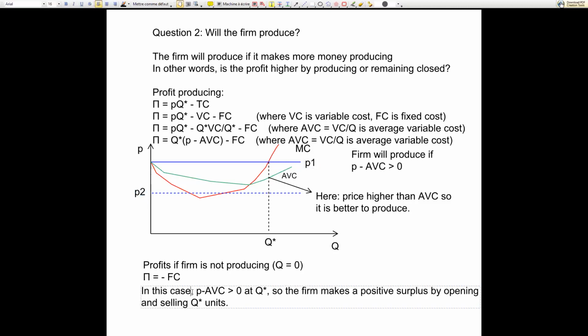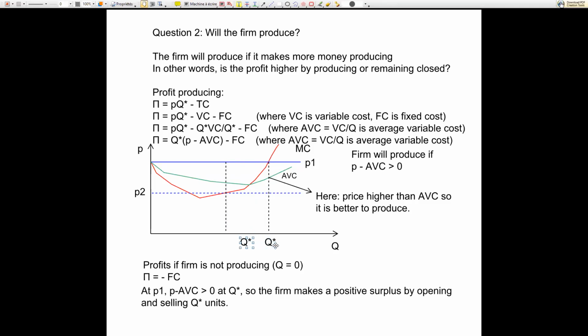So at P1, then at P2, what would be the production? Well, it's always the same. It will be at the place where marginal cost crosses market price. So this would be Q2, not Q1.